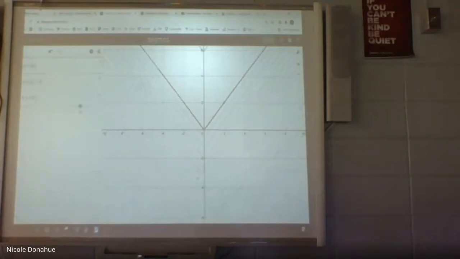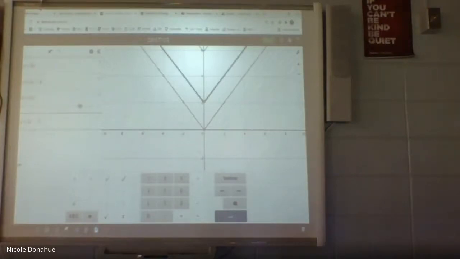So if I add 2 to the graph, what does that do compared to my original graph? It makes it go up 2. So adding 2 to the graph moved our graph up 2.